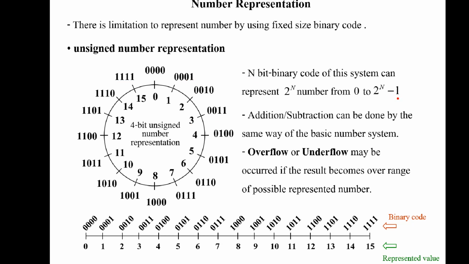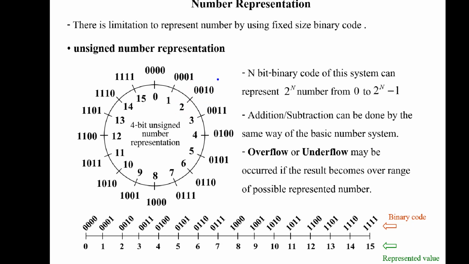Okay. Now let's try to do something like addition. For this number representation, the relation between binary code and its decimal value, you can actually do conversion between decimal value and binary code directly, as you already studied in the previous lecture.